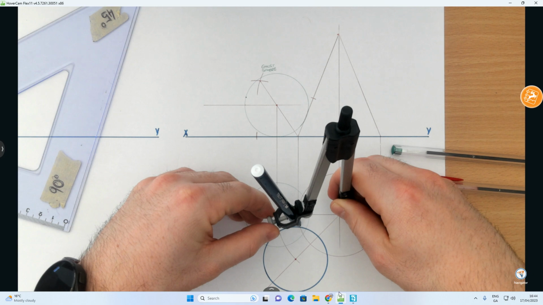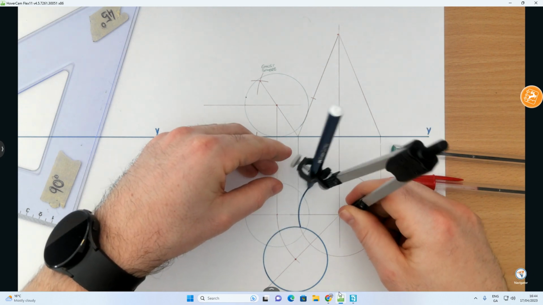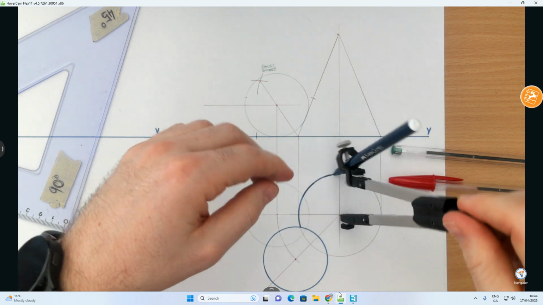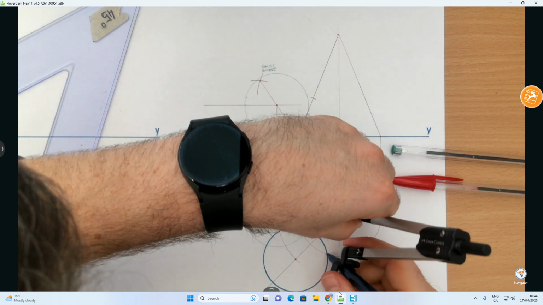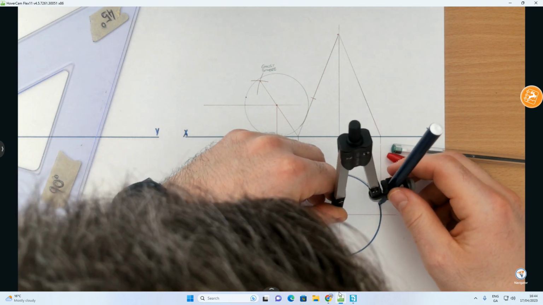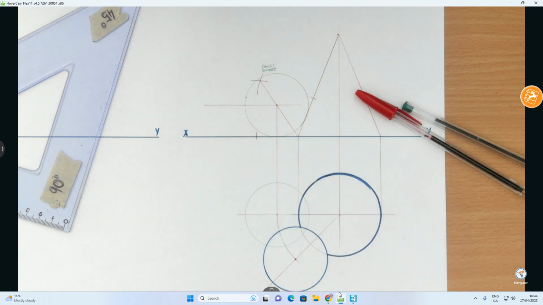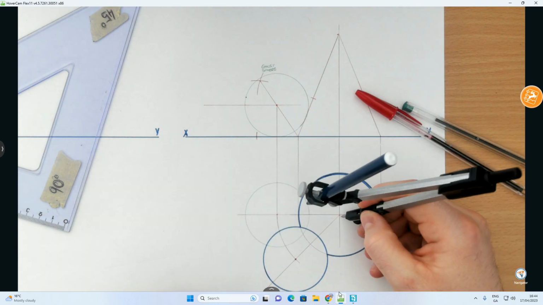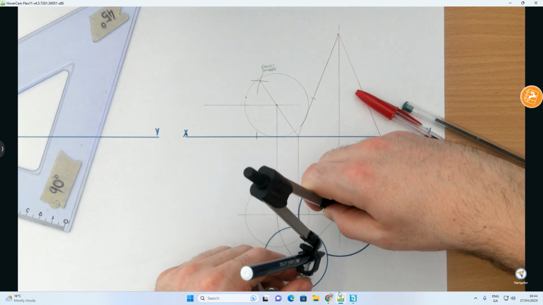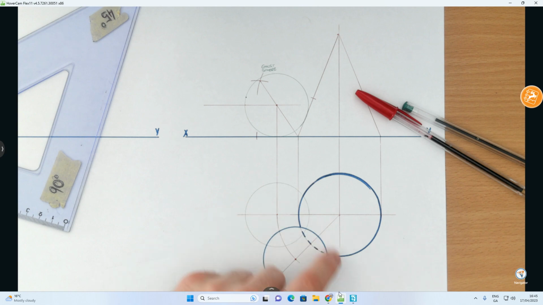I'll now heavy in my cone. And there we go, heavy in the cone. And the last bit I'm going to heavy in is the hidden detail, because the sphere is overlapping the base of the cone. Okay, so I've drawn that in my plan view.